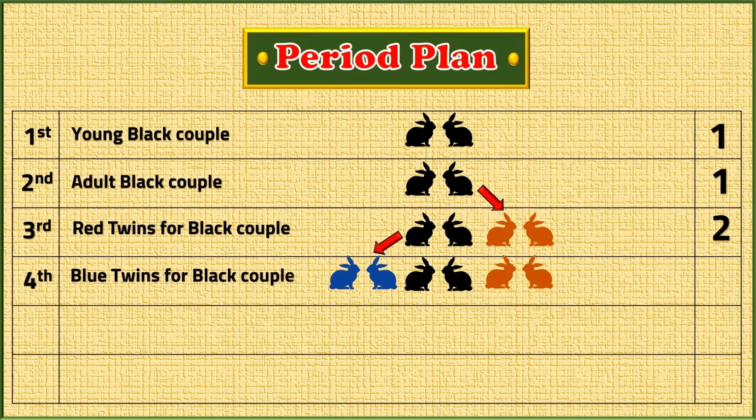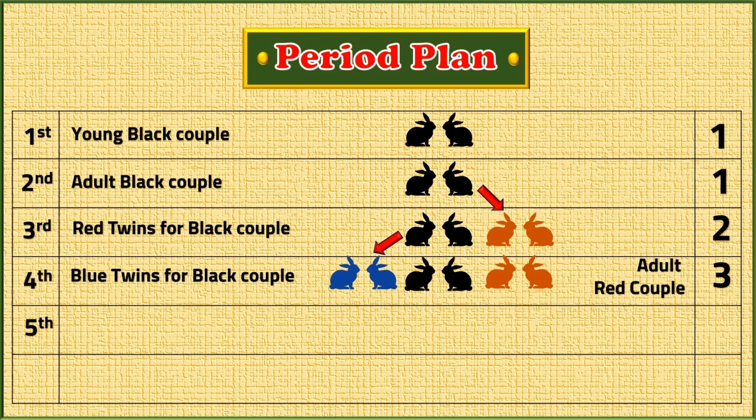In month 4, the original pair produces another pair. The new pair from month 3 is still maturing. Total, we have 3 pairs. In month 4, blue twins for the black couple.